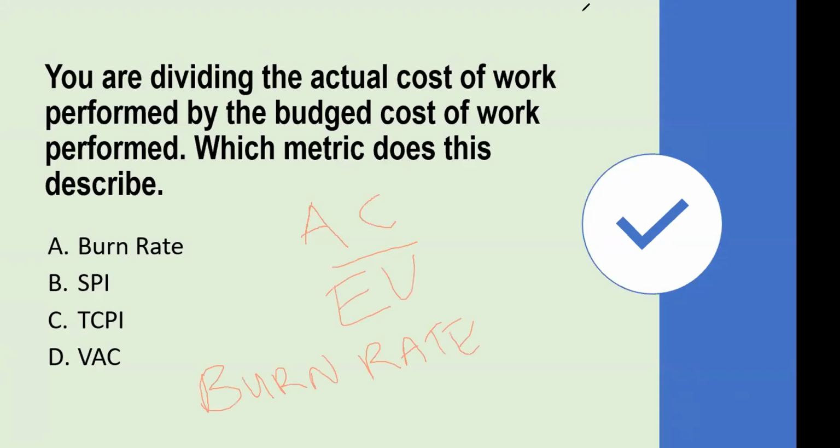It is very popular in the PMP space as far as the mock exams in this world are concerned. There's been a lot of buzz over the past number of years, and it hasn't gone away. So burn rate is AC divided by EV. There's no way you would have known it if you hadn't heard it before, so you might want to write it down. Burn rate is the actual cost divided by earned value. It shows your rate of burn.